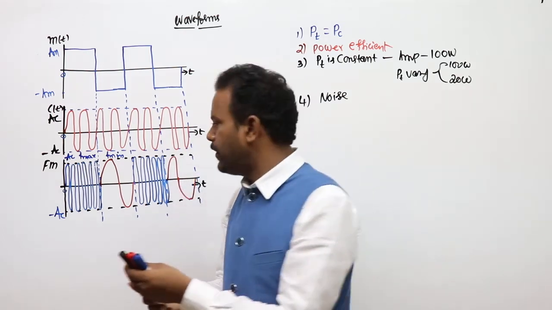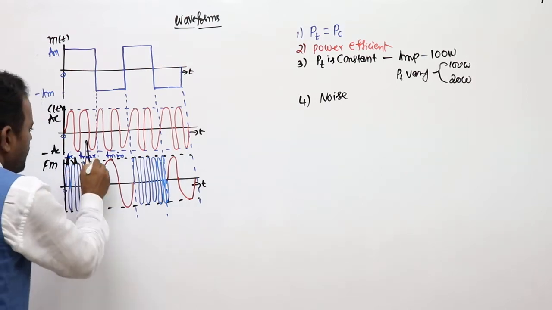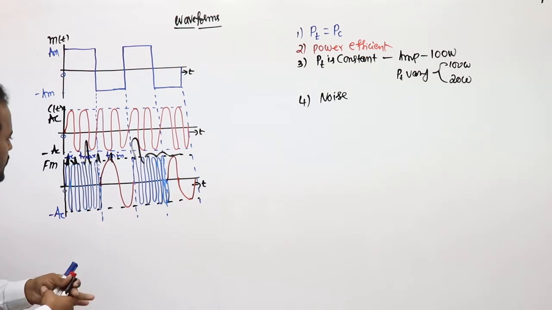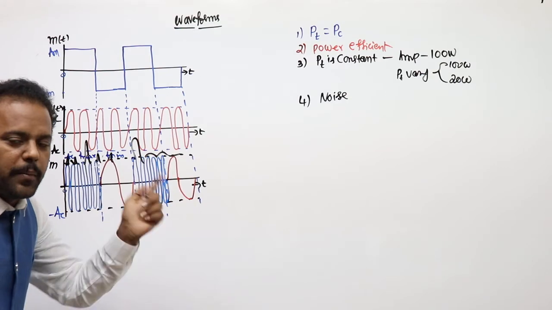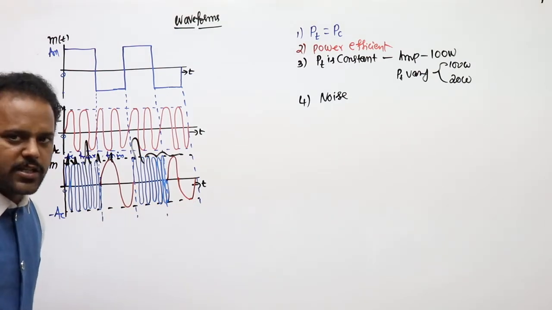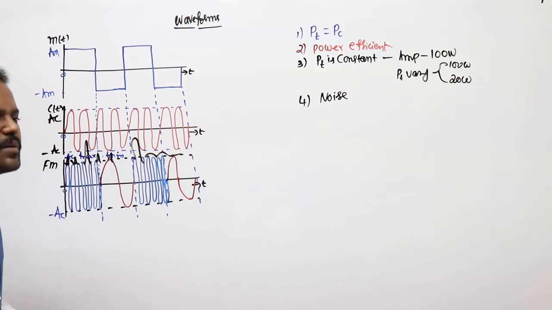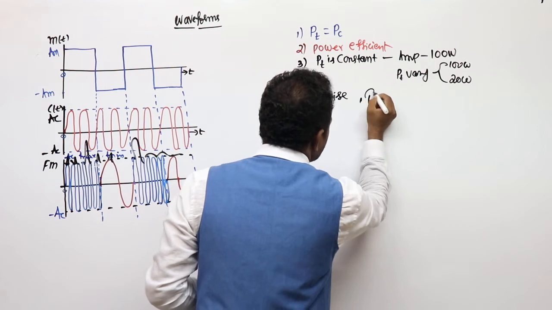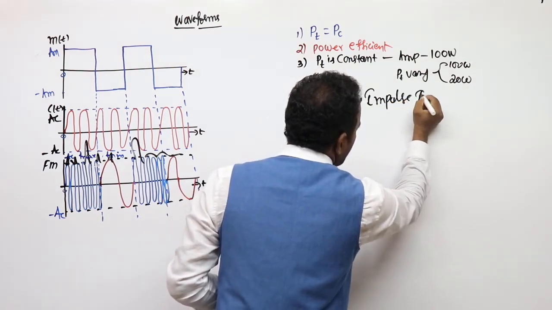But in FM, if you are getting any amplitude variations, you can clearly know that they came because of noise only, because in an FM signal the amplitude is constant. This noise is called AM noise, because the amplitude is varying, and it is also called impulse noise. Important objective question: impulse noise.